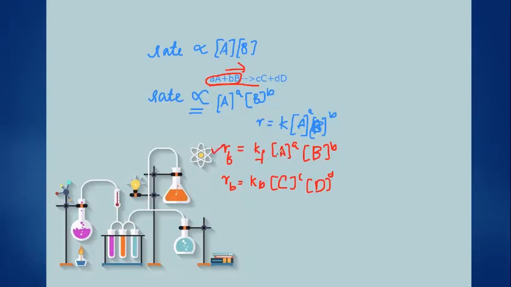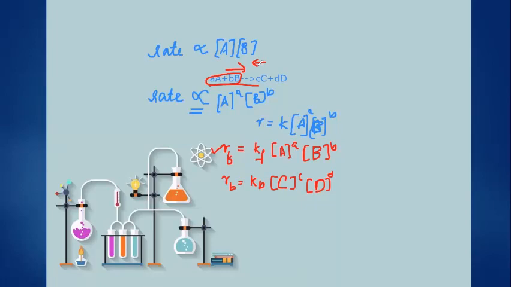We know it's directly proportional, so to remove the proportionality sign, we brought in the constant, and it is equal to the product of the active masses raised to a power of the stoichiometric coefficient.